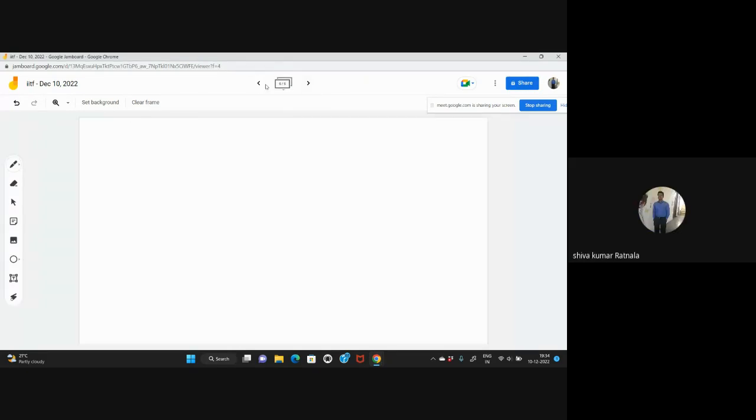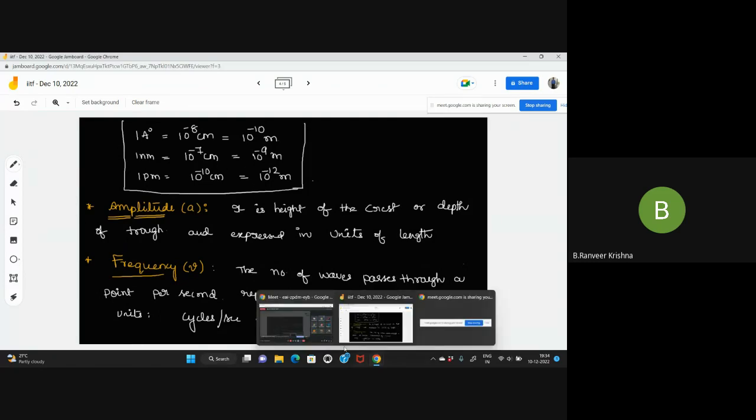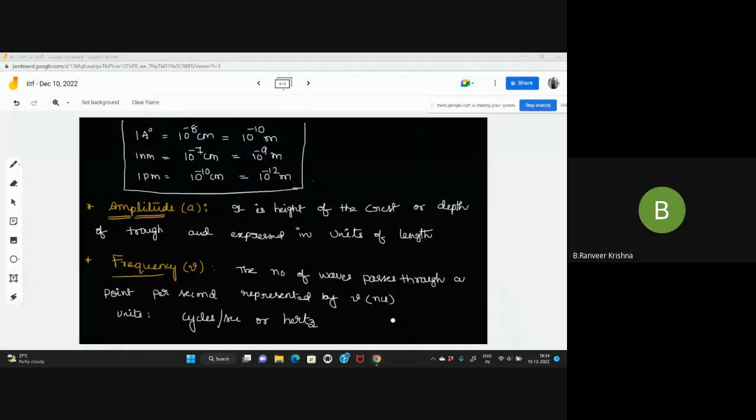Sir, if a crest or trough, how many crests or troughs travel per one second through a point is the frequency, sir? Or both crest and trough?